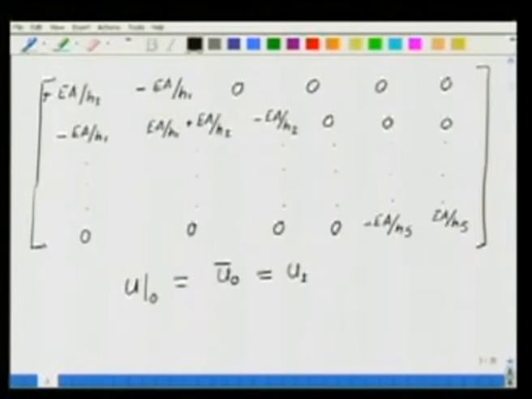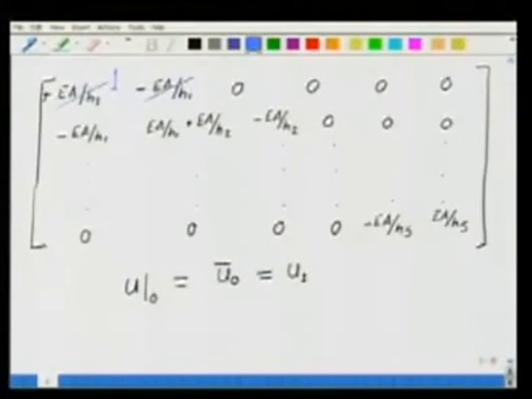The idea is very simple. We will take the first equation, and what I will do is I will replace the first entry, that is the diagonal entry corresponding to the first row, with 1.